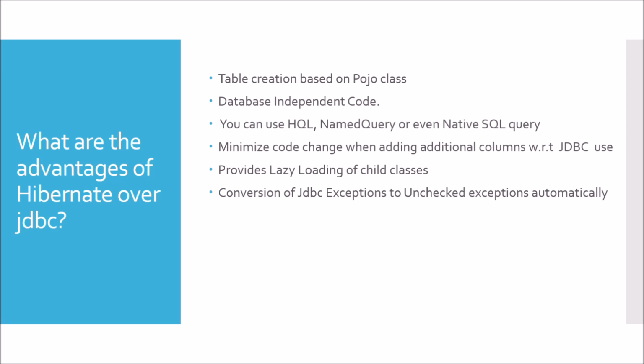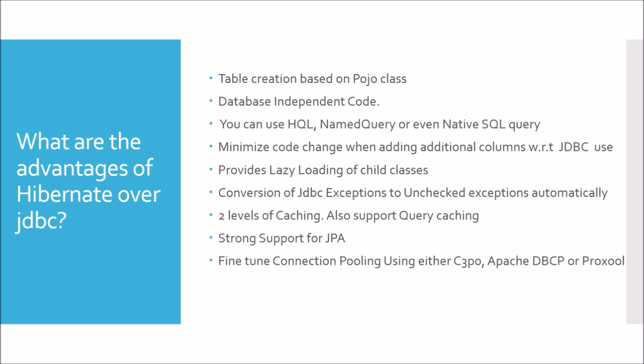Conversion of JDBC exceptions to unchecked exceptions automatically. Two levels of caching, first level and second level, and apart from these two levels of caching, you also have support for query caching, strong support for JPA. Also, you can fine-tune connection pooling using either C3P0 or Apache DBCP or Proxool.